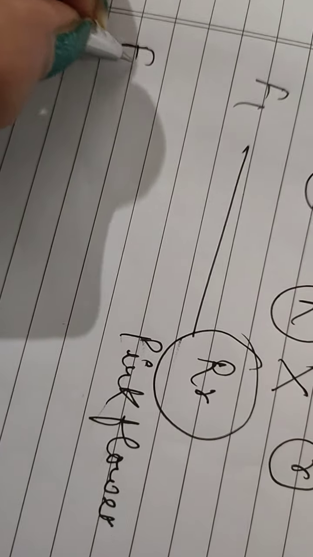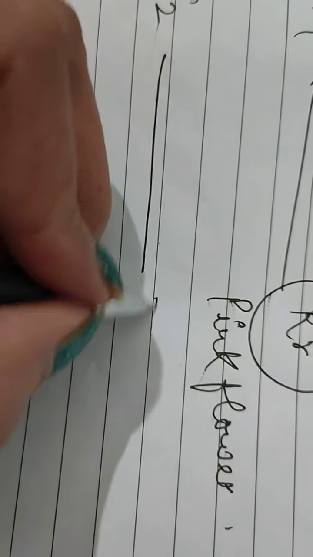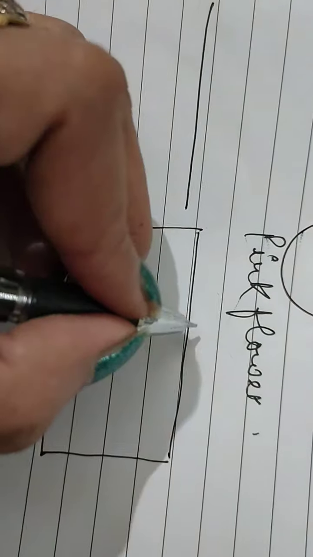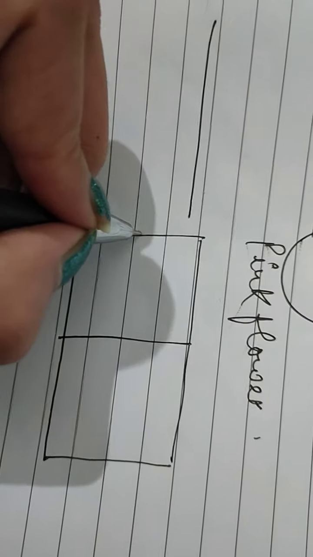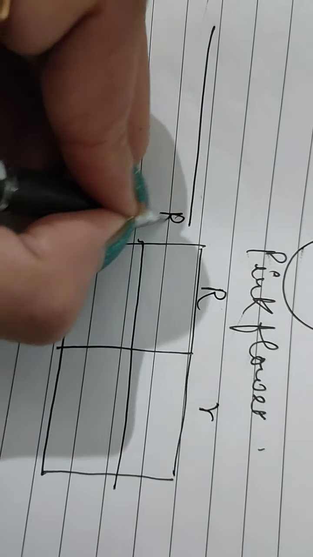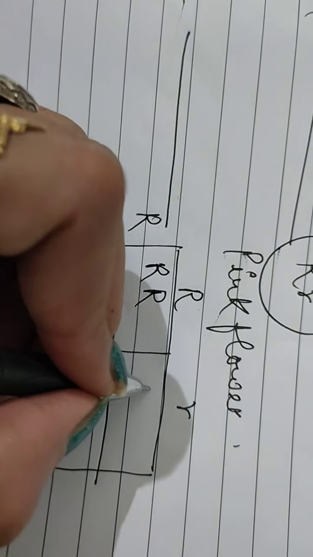Then in the F2 generation, when we do the selfing, you can see here Rr crossed with Rr.